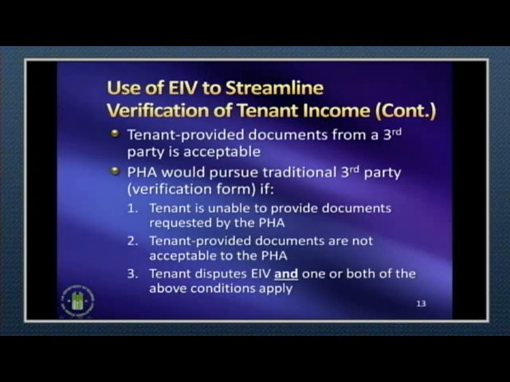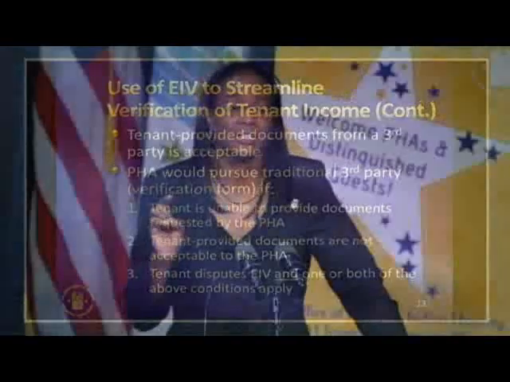However, I want to caution you on the traditional third-party verification, because if you read PIH Notice 2010-19, we tell you that HUD discourages hand-completed forms. And remember why we don't like those handwritten forms, because we really have no way of validating that handwritten information. The ideal situation would be for the employer to just go to its computer and give you a printout of the earnings for that family, because then we know the likelihood of that information being forged or falsified is slim to none.